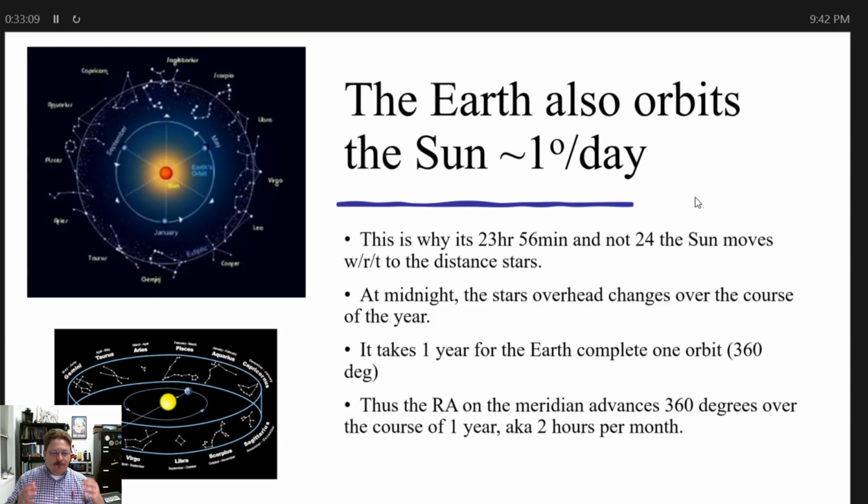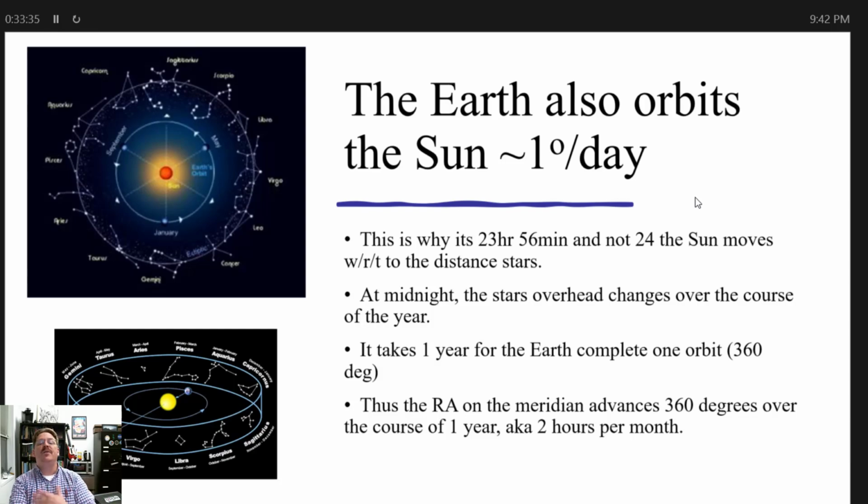Those constellations are only available during certain months. For example, Virgo can only be seen from April to September in the northern hemisphere, whereas Aquarius can only be seen in January, February, and so forth.